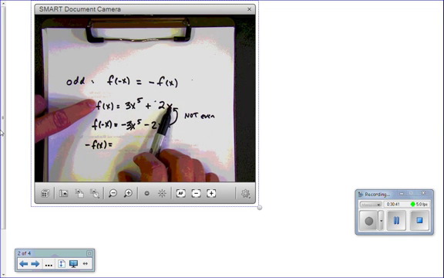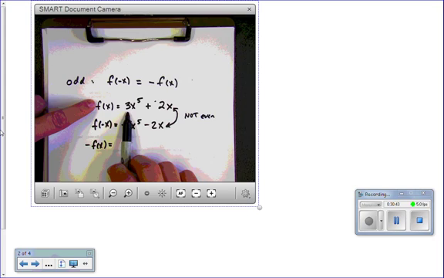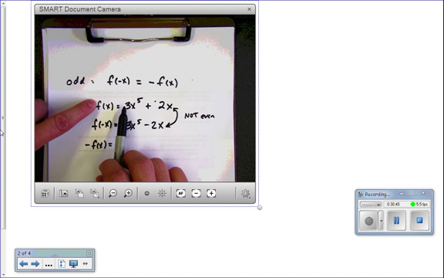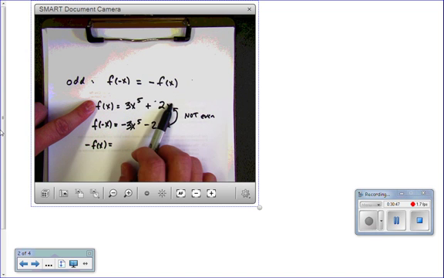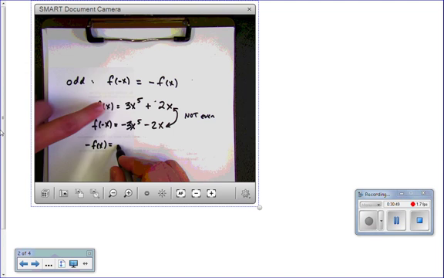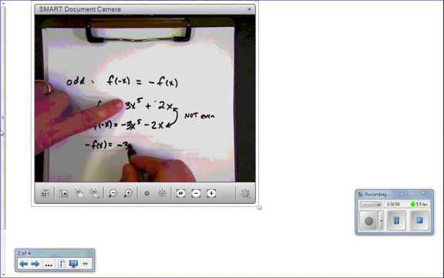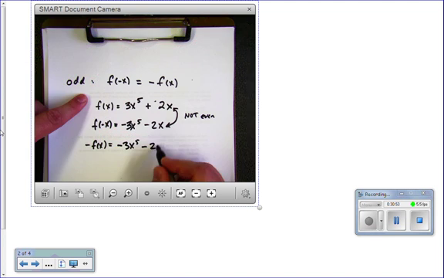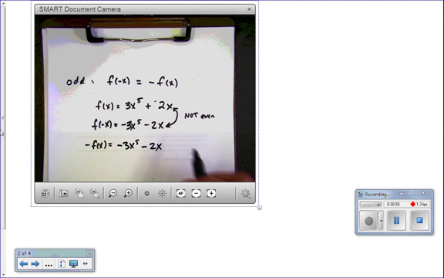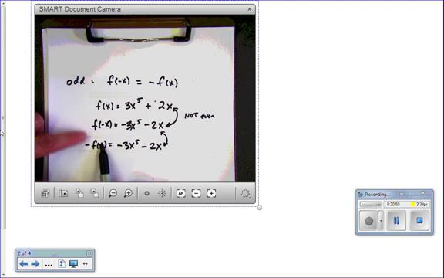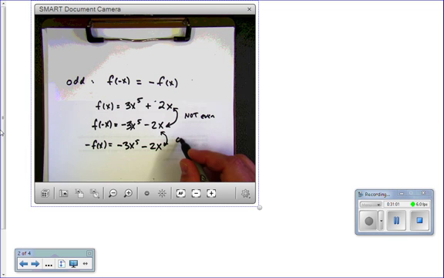So no matter what kind of exponents I have or what kind of constants, I'm just going to go through and change the sign of every number. So this would now be negative 3x to the fifth minus 2x. Now, right. So are these two equivalent now? Yes. So that means the function would be odd.